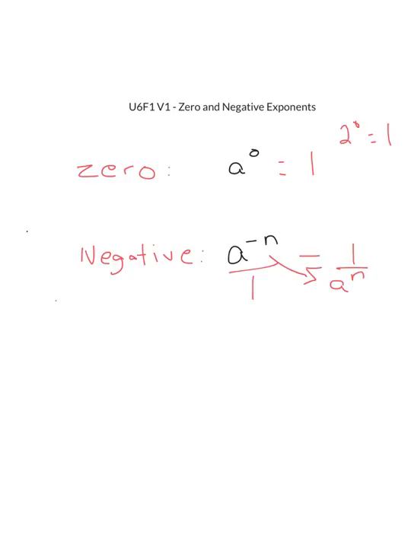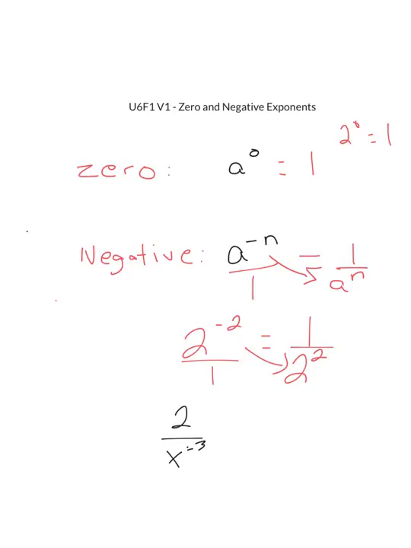Another example could be such as 2 to the negative second. I'm thinking of that as 1 over 2 to the second. You have to flip it to the bottom. You can also have something like 2x to the negative third on the bottom like this.